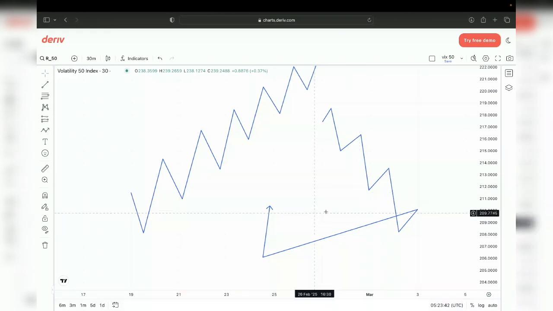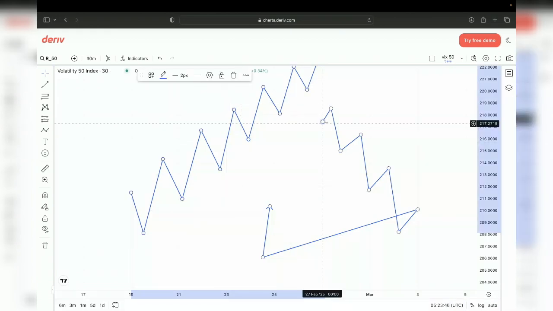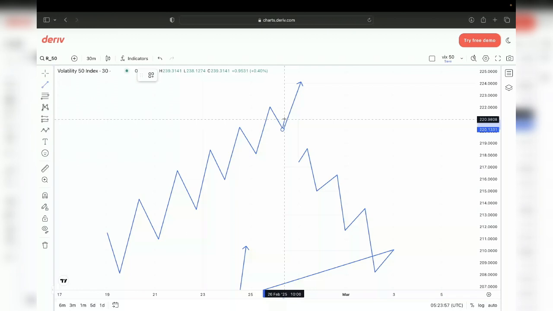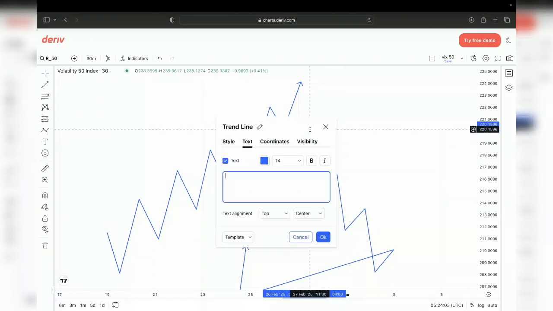We'll proceed to advanced now. I saw most of your diagrams, and I saw that once the first structure here is taken out, you write this place as CHoCH.